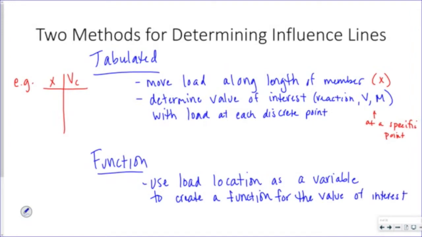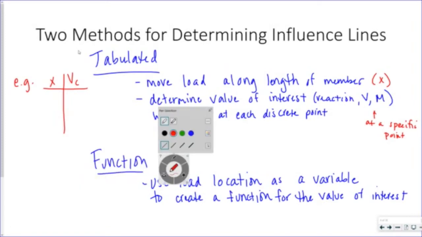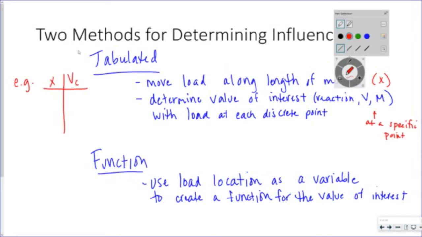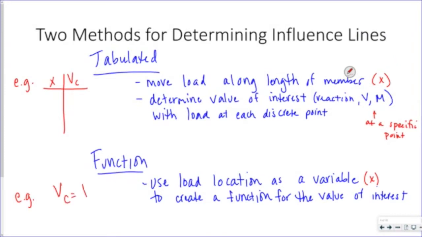When I'm talking about the value of interest, I keep talking about a certain reaction, a moment at a certain point, shear at a certain point. And that would look like, right, load location as a variable x. But my shear at C is now a function of x.